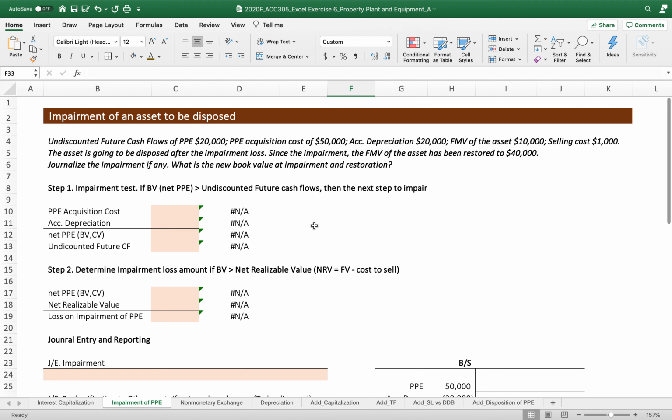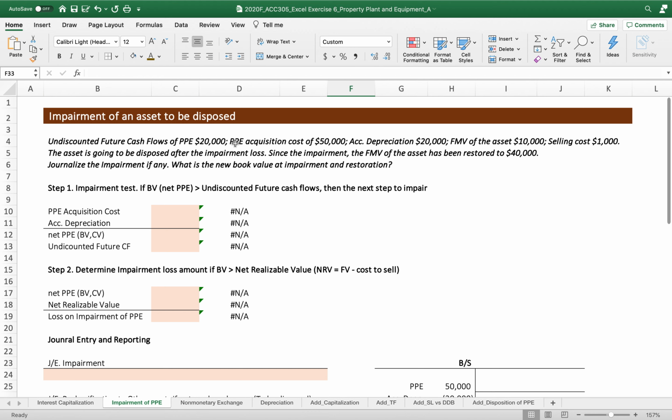So we will reclassify this PP&E to the other asset. The undiscounted future cash flows of a PP&E are $20,000, PP&E acquisition cost of $50,000, accumulated depreciation $20,000, fair market value of an asset $10,000, and selling cost $1,000.